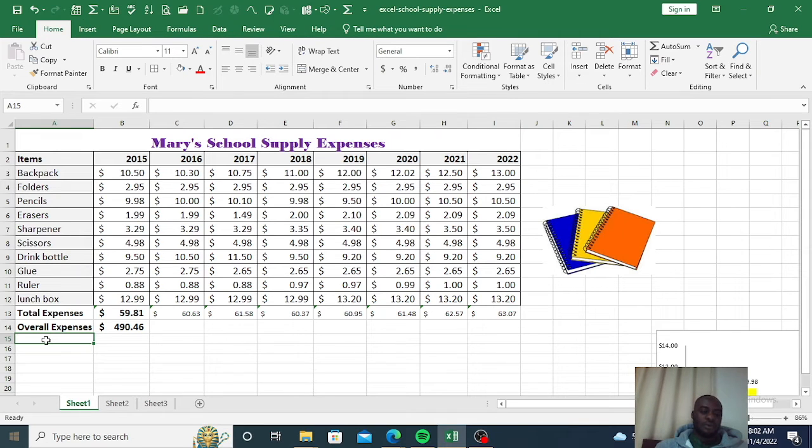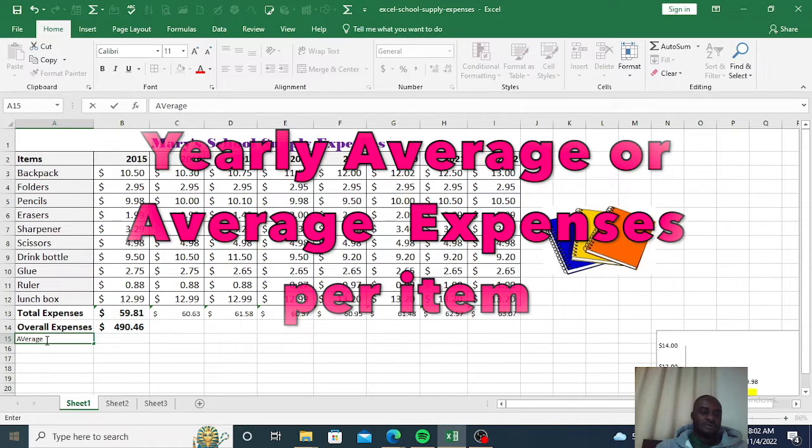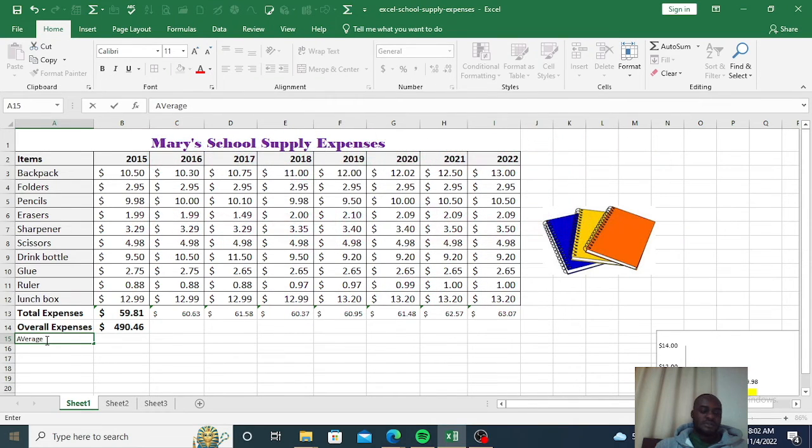So we will determine the average expenses as per year, expenses per year.